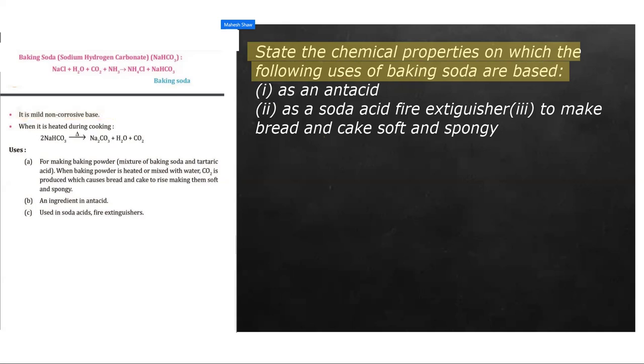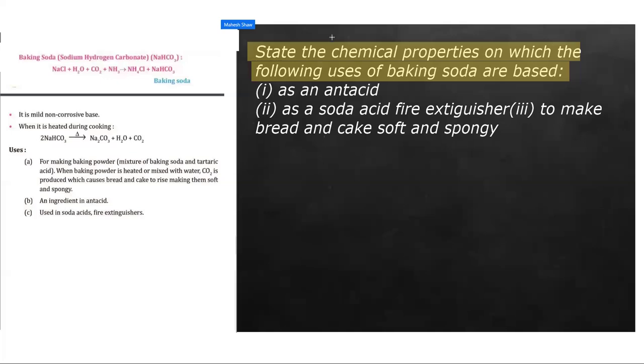Here I have written, baking soda is a mild base and it is non-corrosive in nature, and that's why it is used as an antacid. So one more time, baking soda is a mild non-corrosive base, and therefore it helps in neutralizing the excess acid produced in the stomach, and that's why we use it as an antacid.